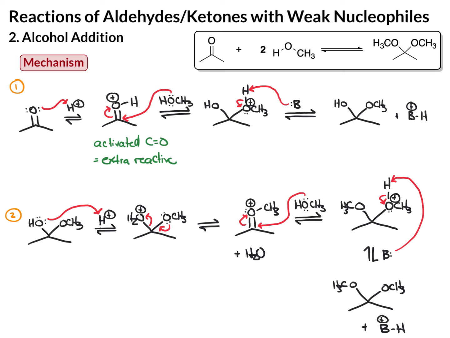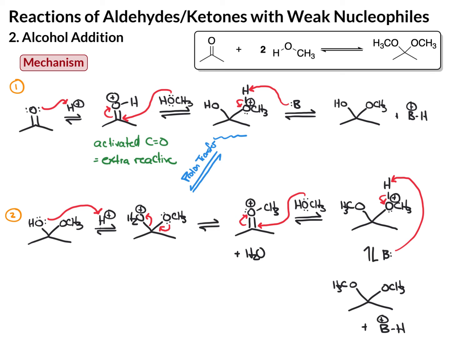One thing you will sometimes see done in this mechanism is a shortcut taken, where you start from this intermediate right here and just show an intramolecular proton transfer, basically transferring the proton from this OH to this OH.